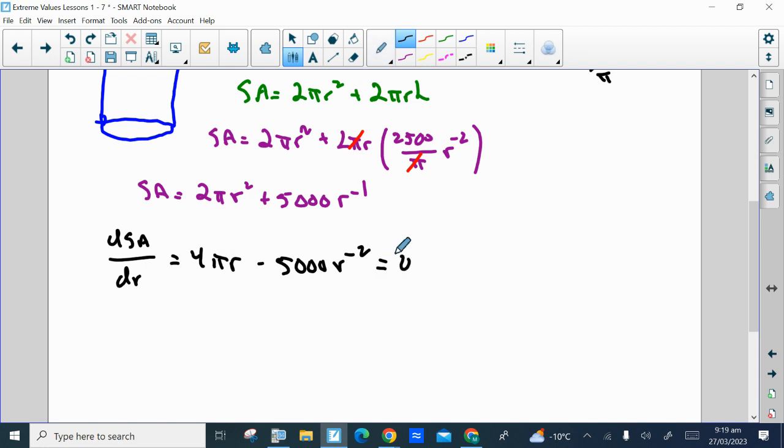And we need to find our critical number for this, which we'll do by factoring. There is a common factor here of 4r to the negative 2. Which leaves us with pi minus 5,000 divided by 4, I think is 1,250.